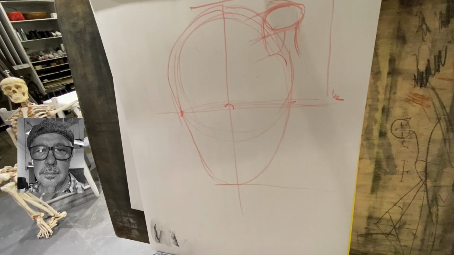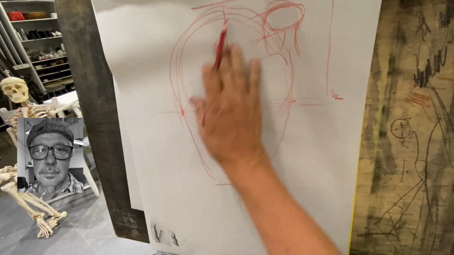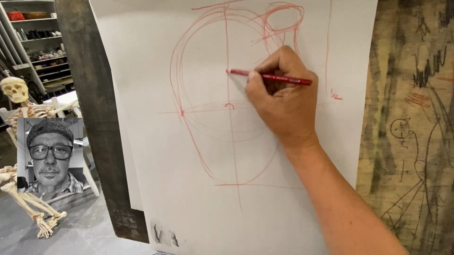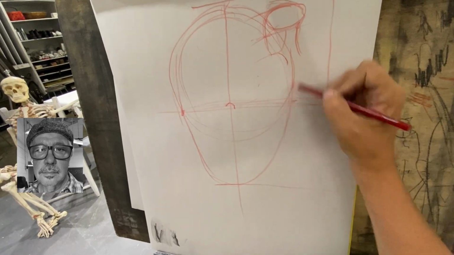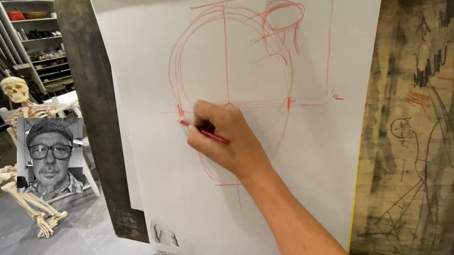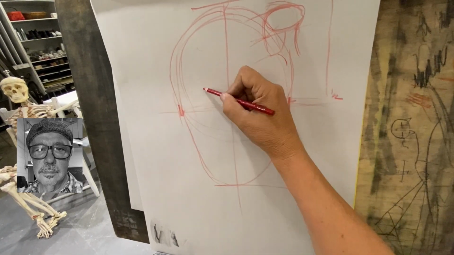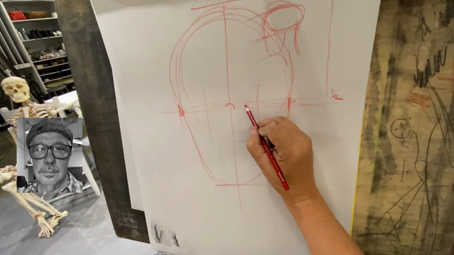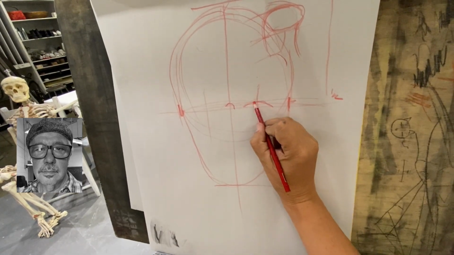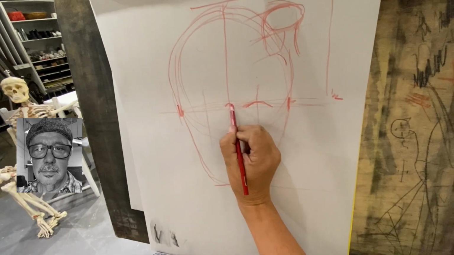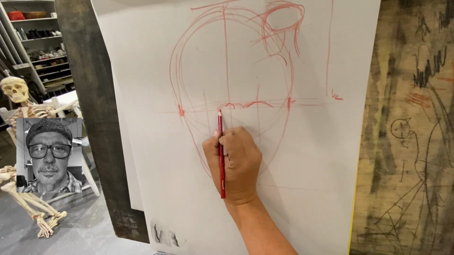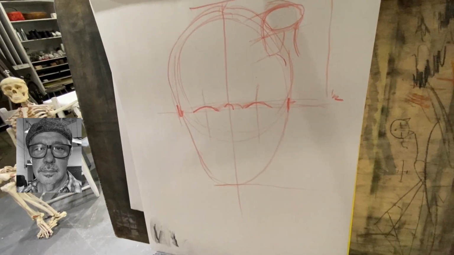There's no straight lines on your face. There's invisible straight lines, but not real ones. And then halfway between here and here, I'll put the upper eyelid. So it's one eyelid, and then the same width as the other eyelid.